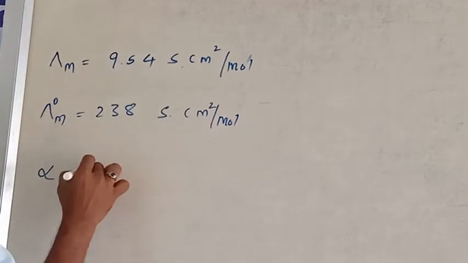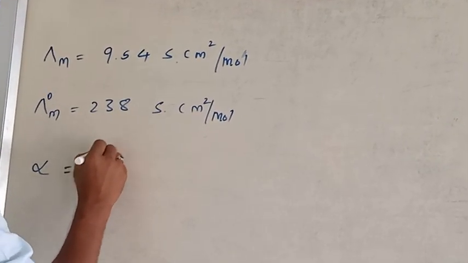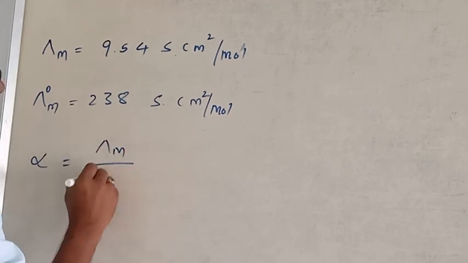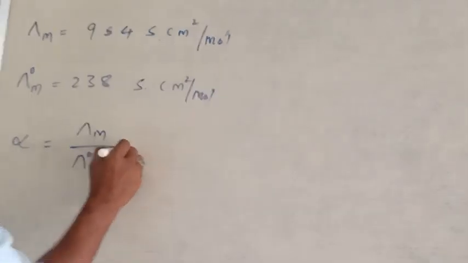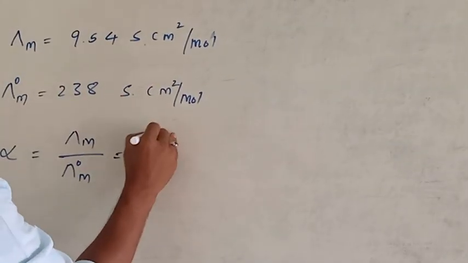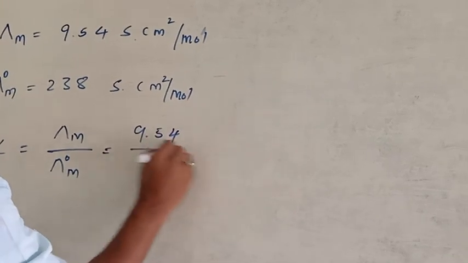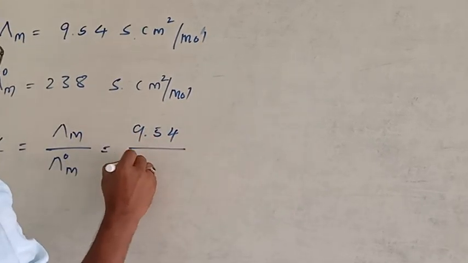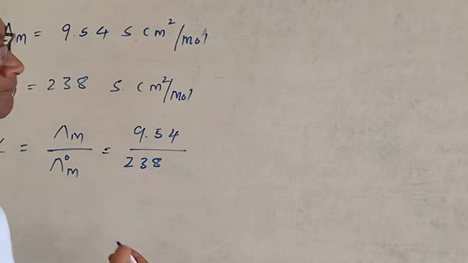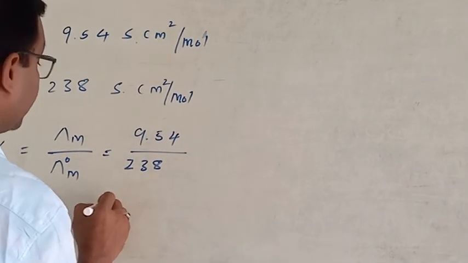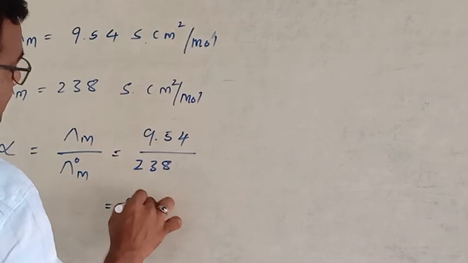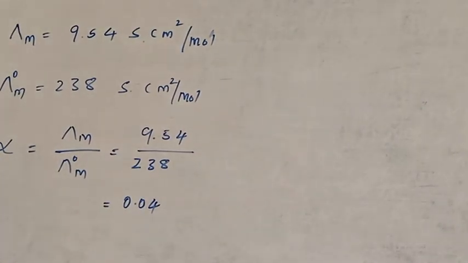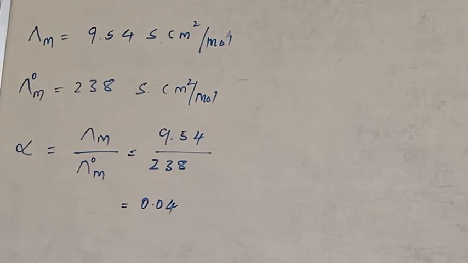So the alpha value can be calculated in this way: lambda m by lambda m naught. This is a direct formula to substitute. When we substitute, 9.54 divided by 238, you may get around 0.04. That is the alpha value.